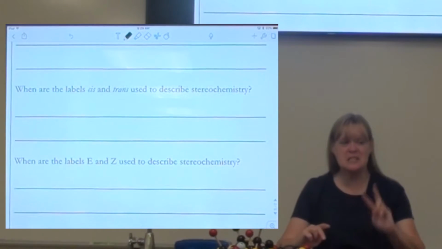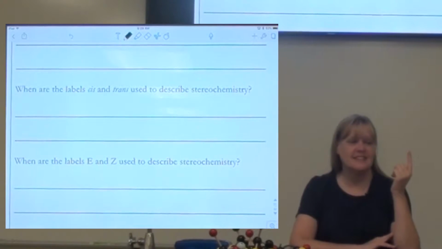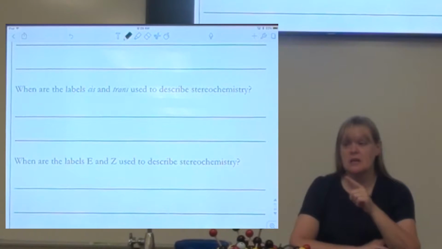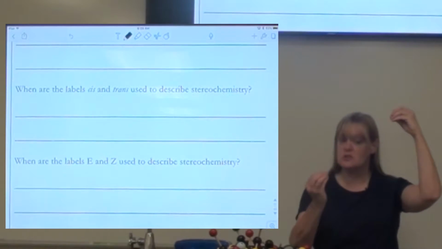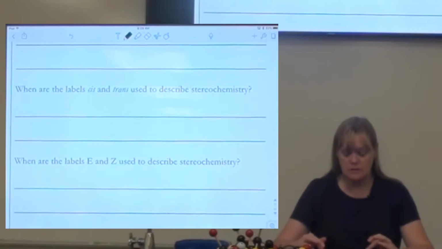Okay, cis and trans. There were two cases when you can use cis and trans. Alkenes, under what conditions? When you're describing one hydrogen on each vinylic carbon. That's the only one. And sometimes you can do that with cyclic compounds to describe a general feature of them.